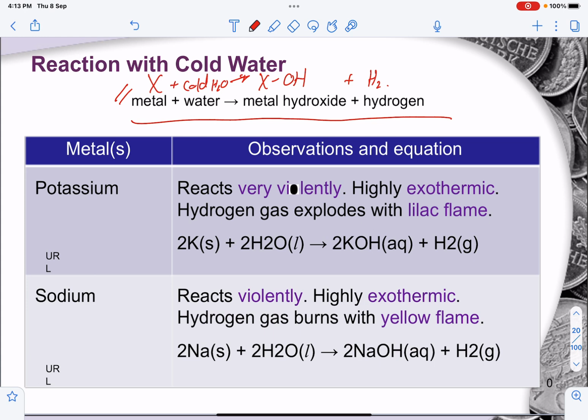This metal hydroxide tends to be an alkali, so in terms of universal indicator, it will become more violet in color or purple. Hydrogen gas will be extinguished with a pop sound on a lighted splint.